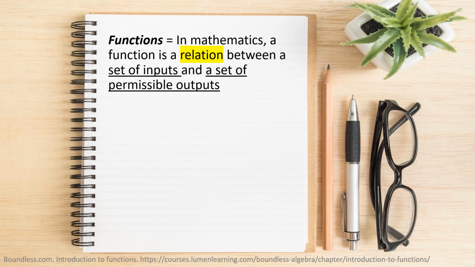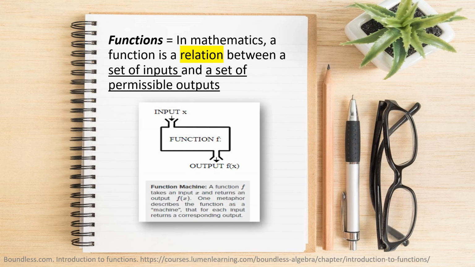Functions actually have the property that each input is related to exactly one output. That is, one-to-one correspondence and many-to-one correspondence can be the basis of knowing if a relation is a function or not. In the illustration, it is important to note that each input returns a corresponding output.